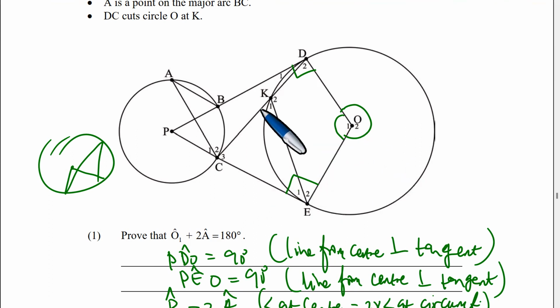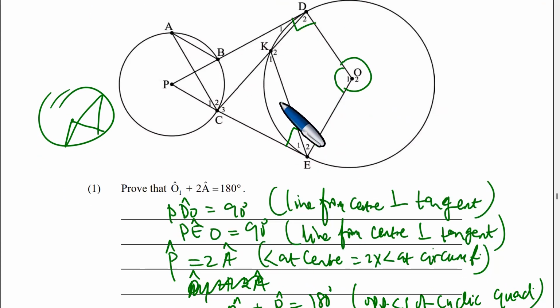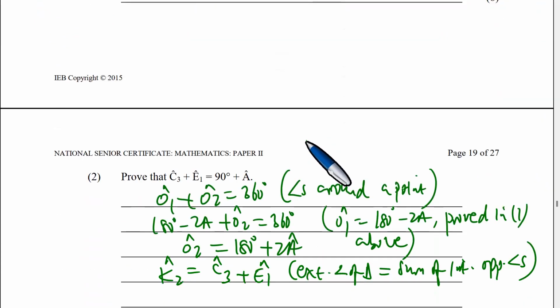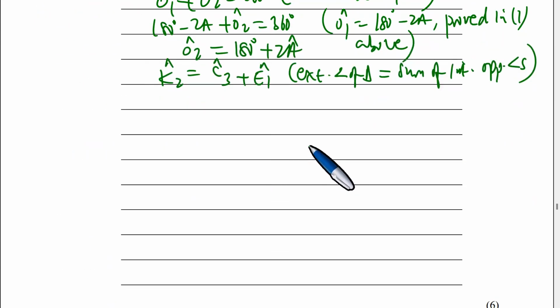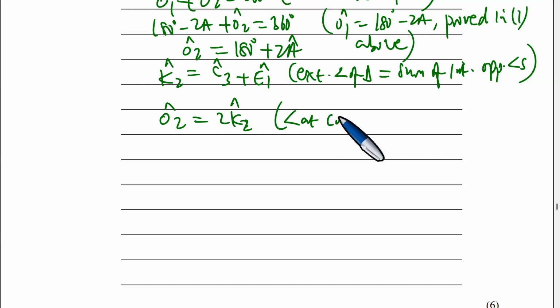Angle O2 is equal to 2 times K2. O2 is 2 times K2, angle at center. Angle O2 is 2 times K2. Angle at center equals 2 times angle at circumference.